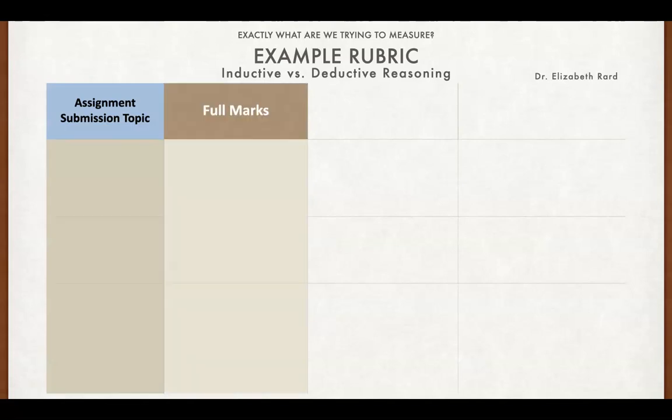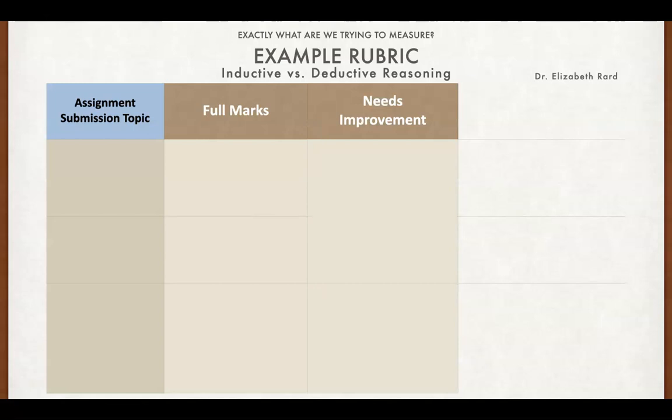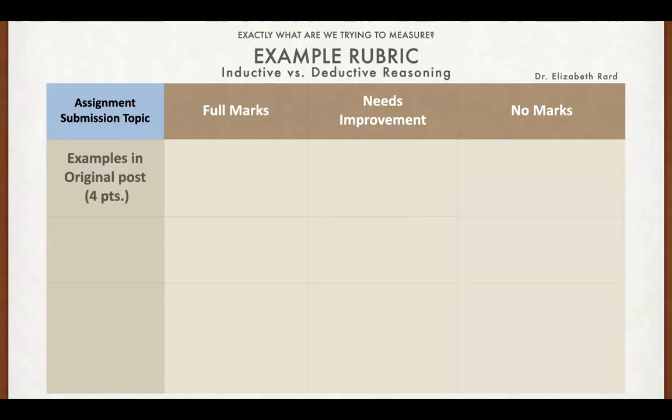So here's Dr. Rard's rubric, and let's just build it out the way that she did. And so these are the categories that she chose to use for her scores, basically. And that includes full marks, needs improvement, so not perfect, needs improvement, not excellent, needs improvement, and no marks. Okay? And these are her criterion that she chose.